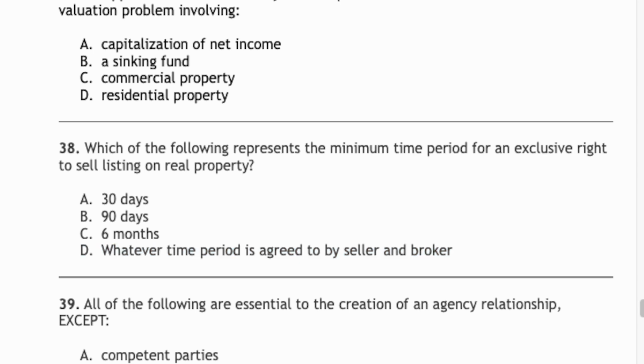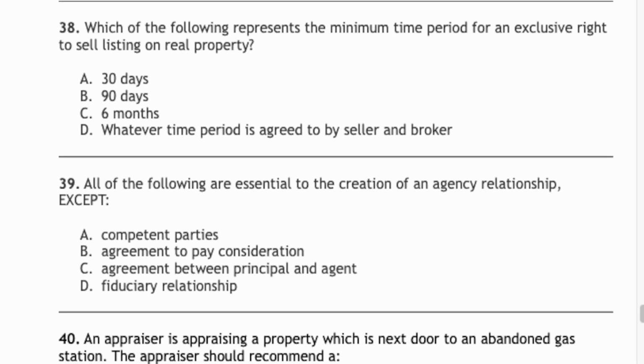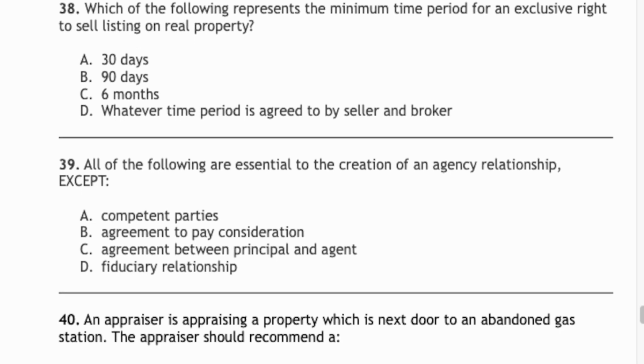Number 39. All of the following are essential to the creation of an agency relationship, except A, competent parties, B, agreement to pay consideration, C, agreement between principal and agent, or D, fiduciary relationship.